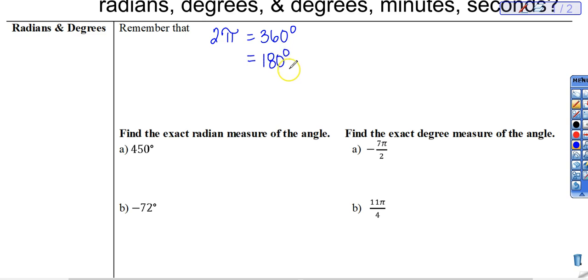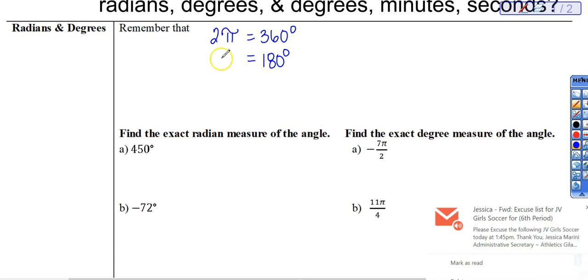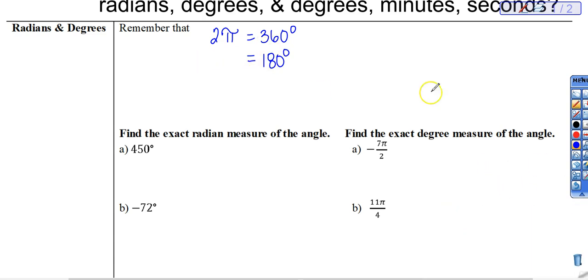What I'm doing here is finding smaller portions of this statement. What did I do to 360 degrees to get it to 180 degrees? I divided by 2. So what is 2 pi divided by 2? Pi. And so I'm just writing alternate versions of the same true statement.